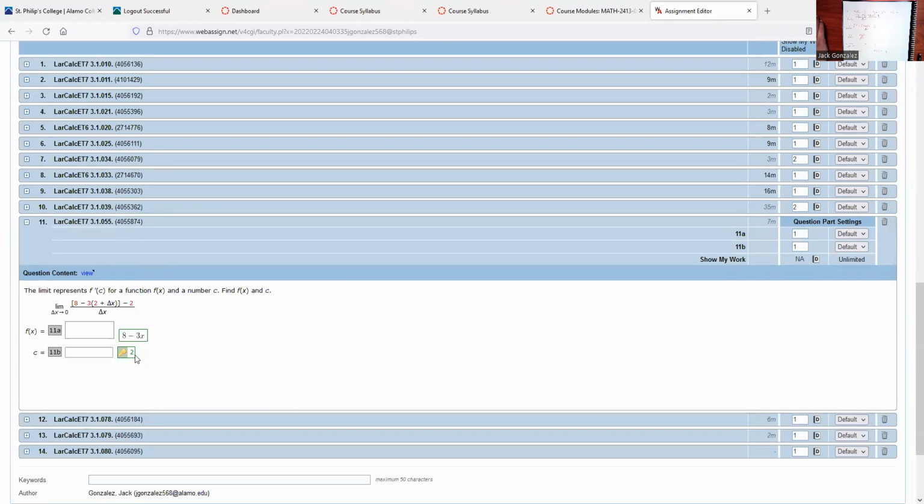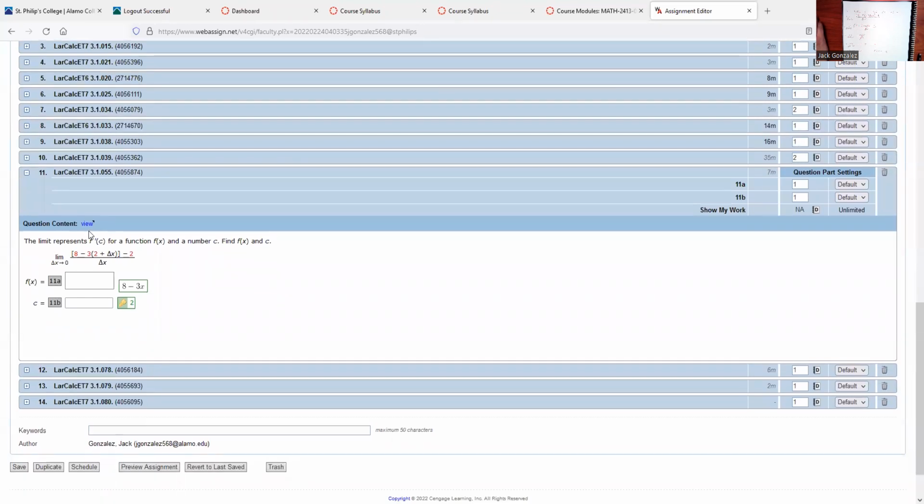So 2 is right. Your numbers are different, right? Okay. Nice.